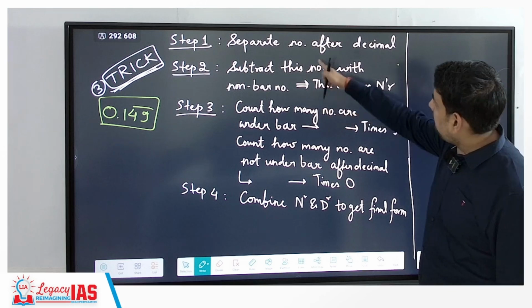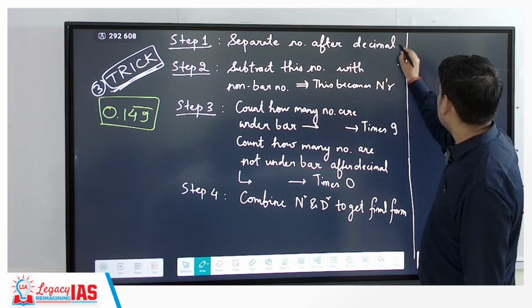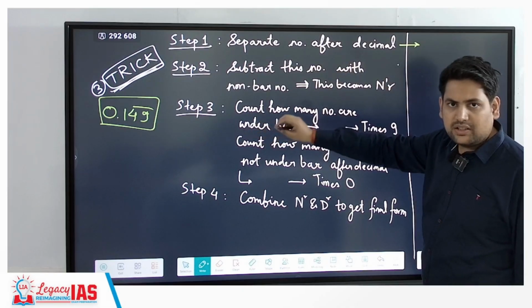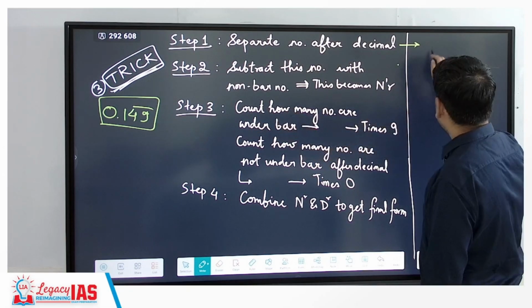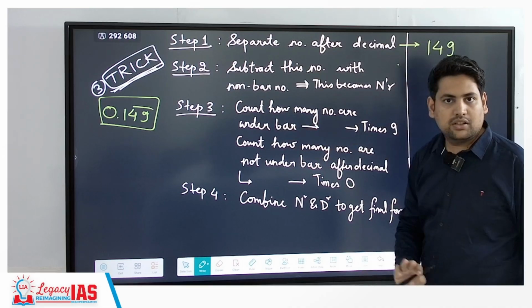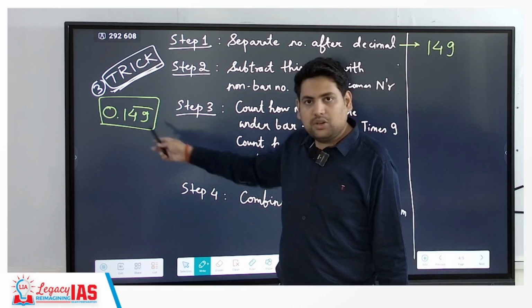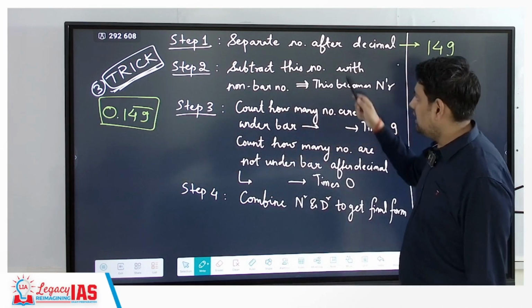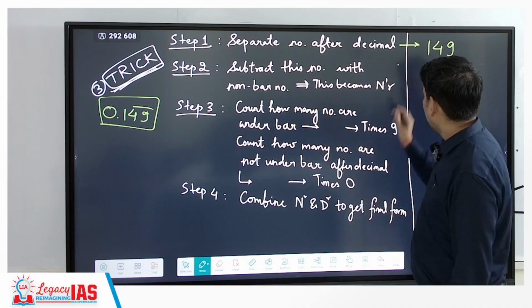Step 1 is to separate the number after the decimal. After the decimal, what is the number? Forget the bar, just tell me what the number is. So it is 149. That's it. It is 0 point something and we just separate the number after the decimal. So 149 I did.